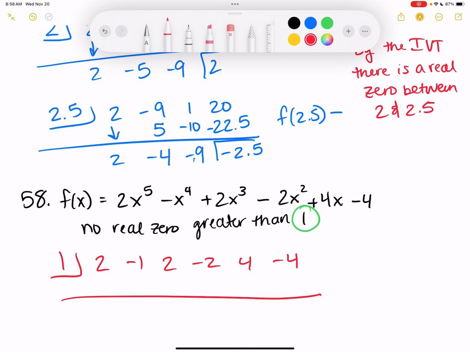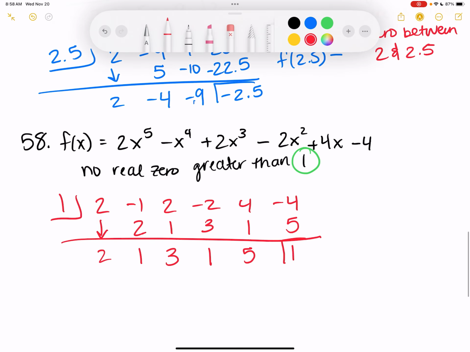So we bring down the 2, times 1 is 2, minus 1 is 1, times 1 is 1, plus 2 is 3, times 1 is 3, minus 2 is 1, times 1 is 1, plus 4 is 5, times 1 is 5, minus 4 is 1. So the way that this would conclude, 1 is greater than 0, because that's the C is greater than 0 part, and all numbers in the last row, so this bottom row here, are non-negative.